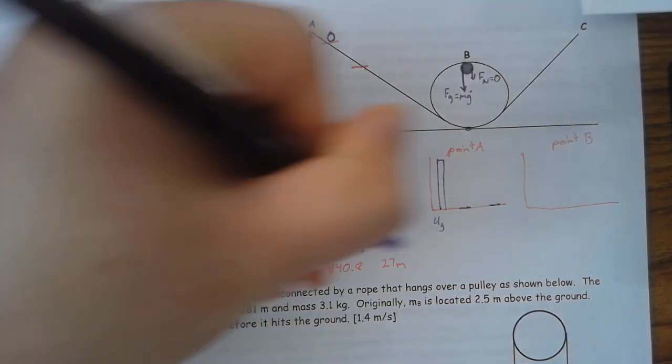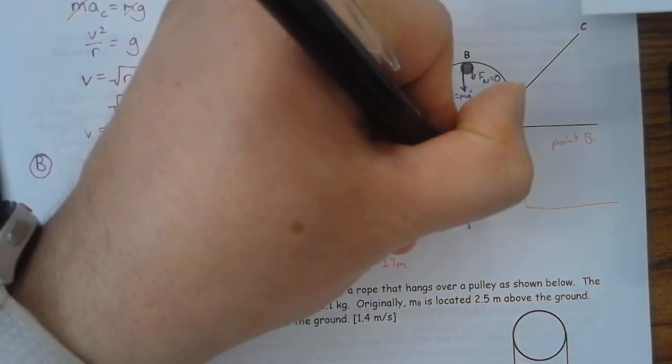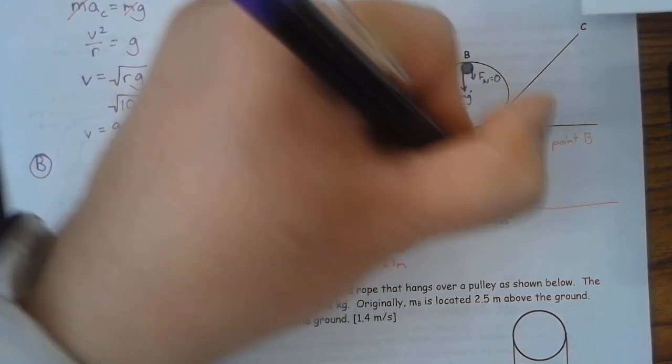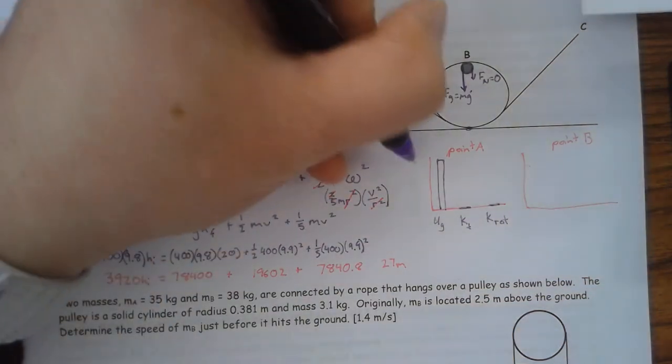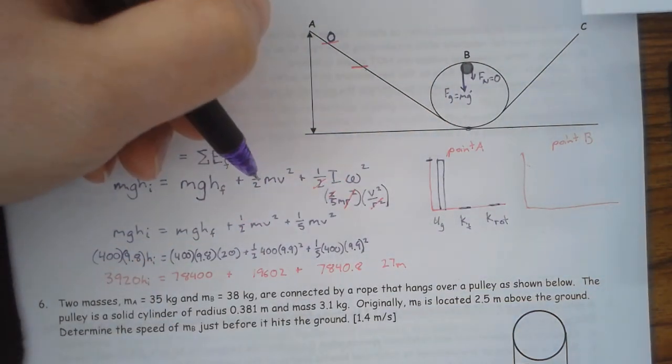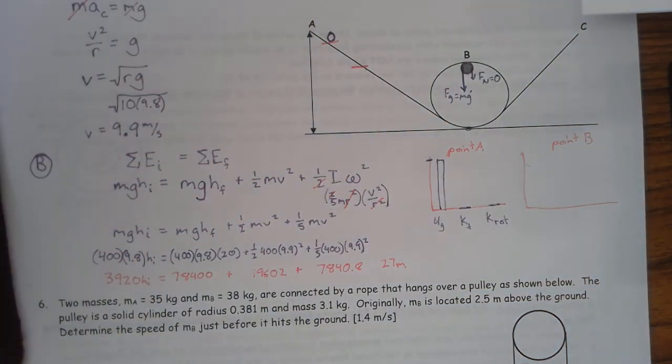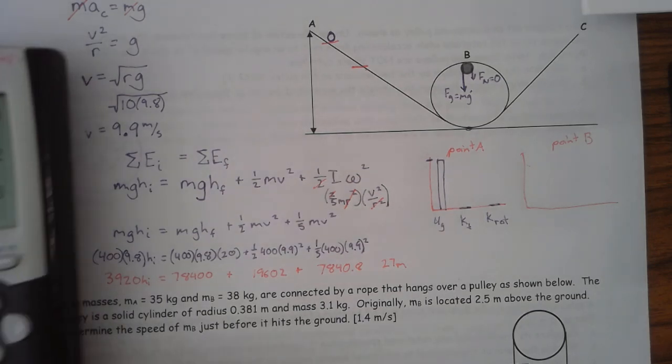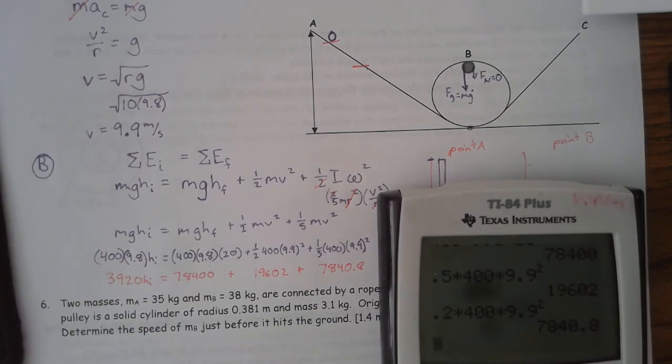What's everything else? KT and K rot. And then this, what's the height of this for UG? It's 3920 HIs, which was 27. Fine, I'll do it.